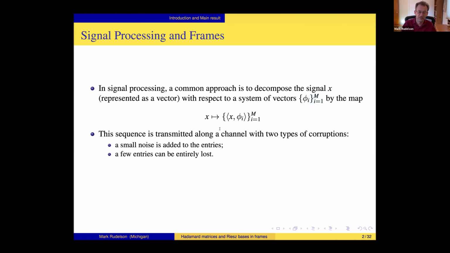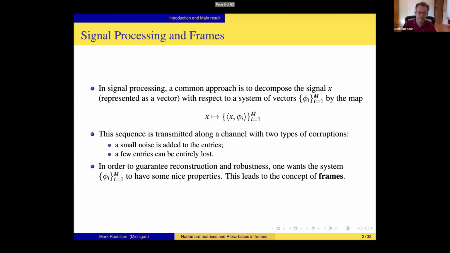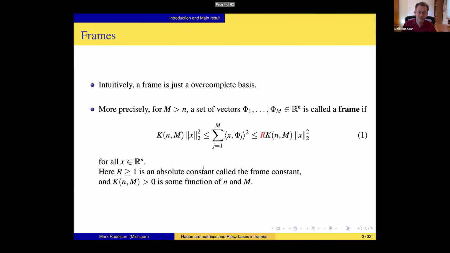And since the channel is not ideal, the transmission is noisy, but in addition to it, we assume that a few entries of this string can be entirely lost. And we want to find a system of measurements, phi, which will be robust with respect to this process. And this leads to the concept of frame. So a frame is basically an overcomplete basis.